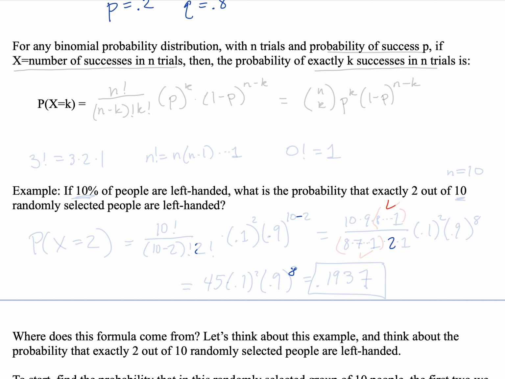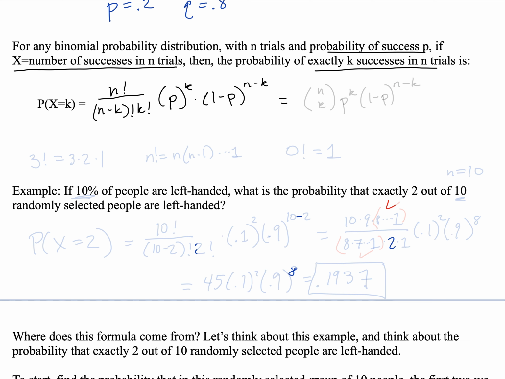So if X is the number of successes in n trials with probability of success p in a single trial, then the probability of exactly k successes in n trials is given by n factorial divided by (n minus k) factorial times k factorial, times the probability of success to the kth power, times the probability of failure, 1 minus p, to the n minus kth power.